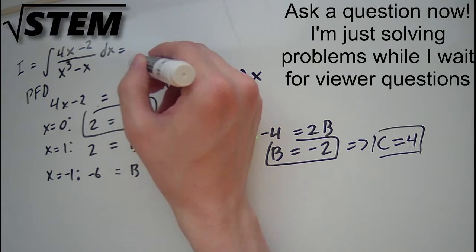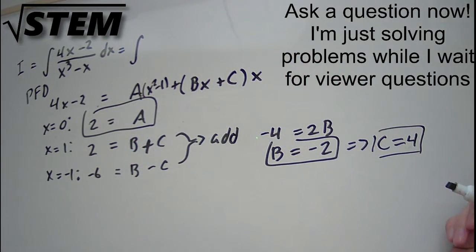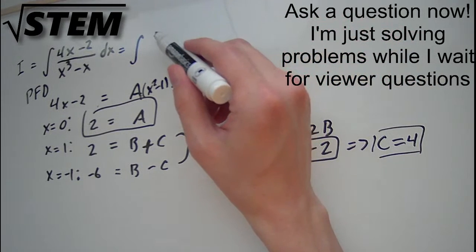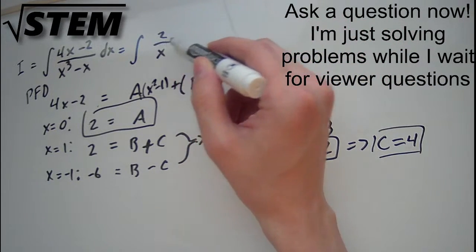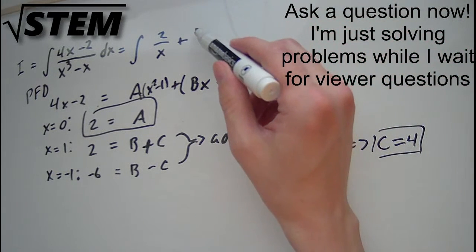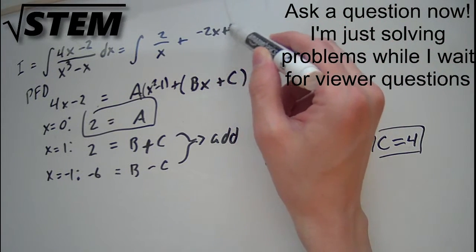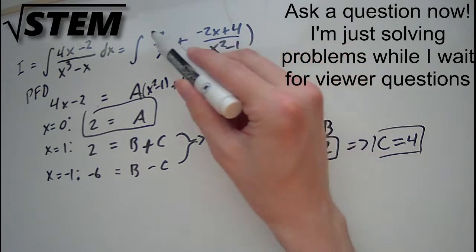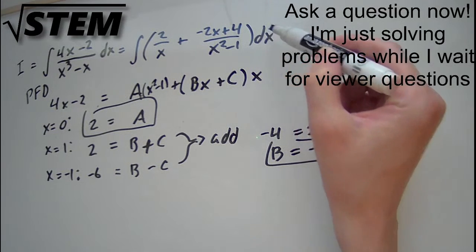So our integral is now going to be 2 over x plus negative 2x plus 4 over x squared minus 1 dx.